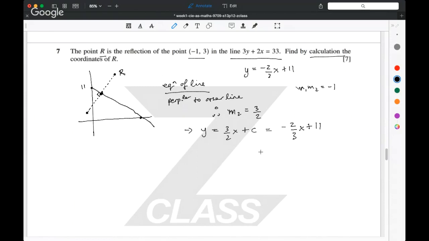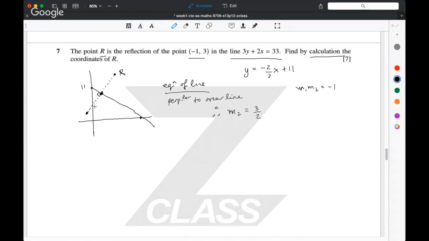And this gives you... oh wait, hold on, sorry. I didn't even need to do this. I've just realized that you can actually use a different point. Forget about this point, it's much easier to do this.